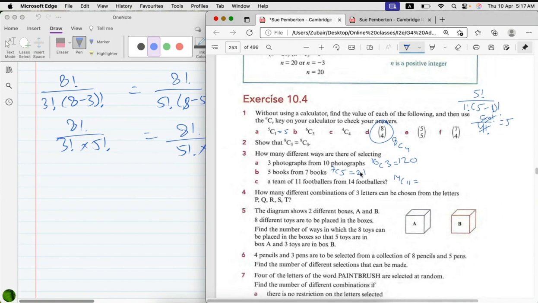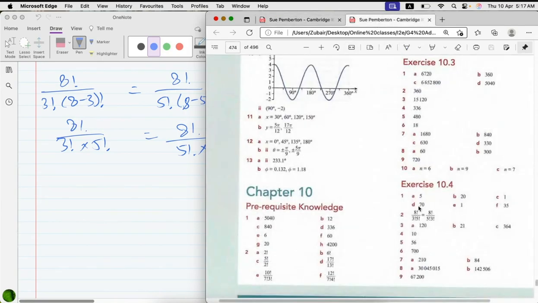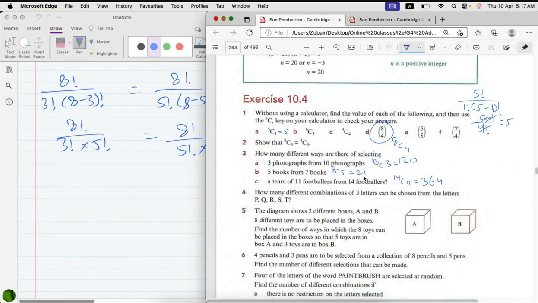And 14C11 is 364. So for 10.4 question 3, the answers are 120, 21 and 364.